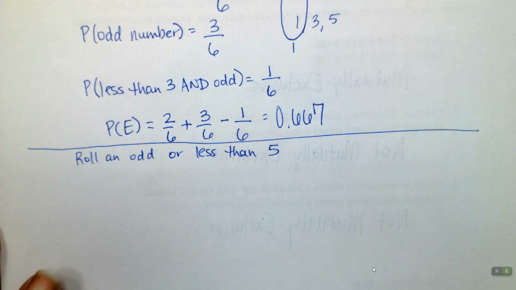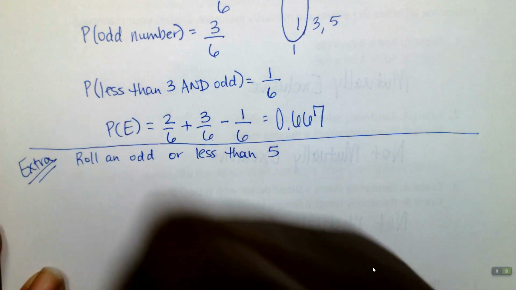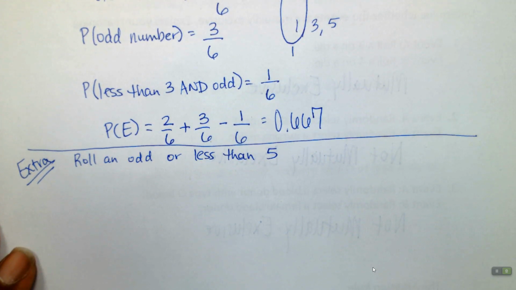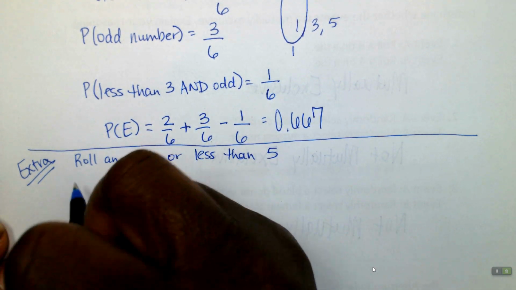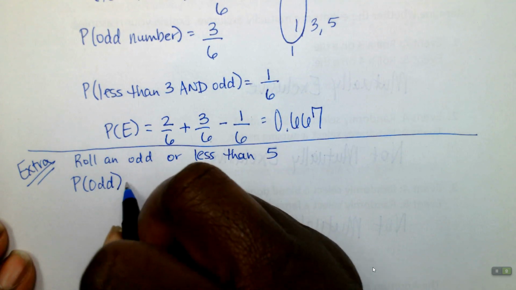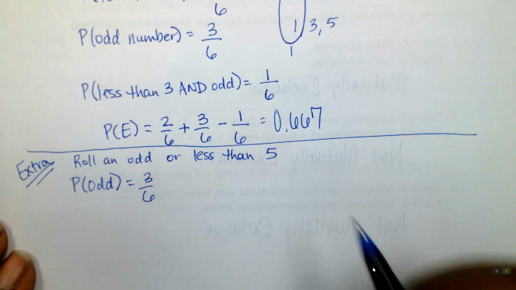So it's our extra problem. Roll an odd or less than 5. So odd we already know. We did that one before. Odd. That was the 3 over 6.